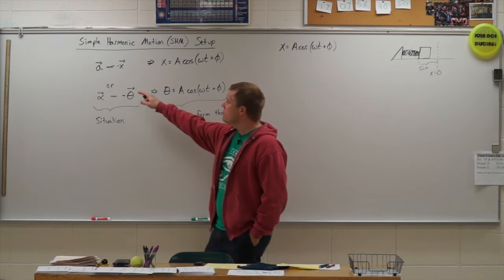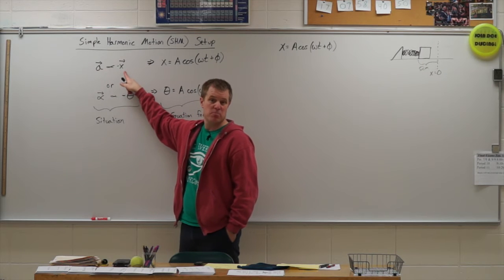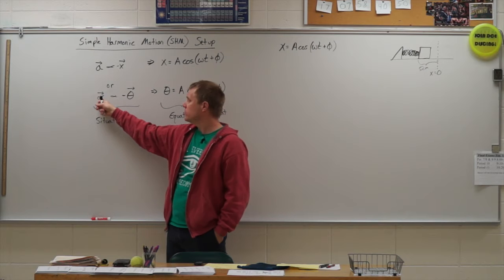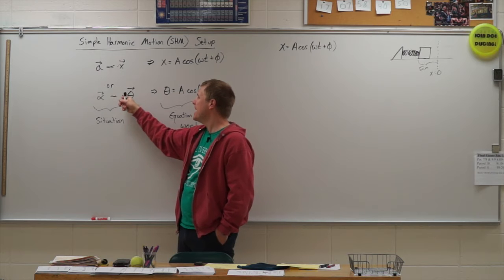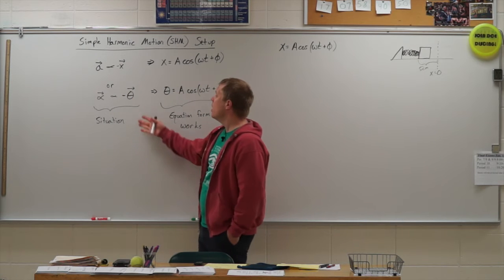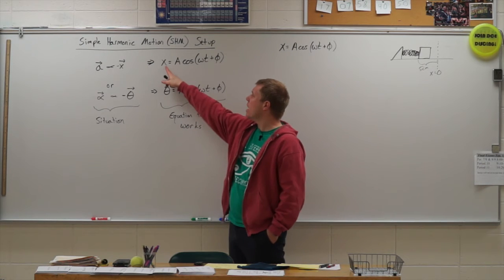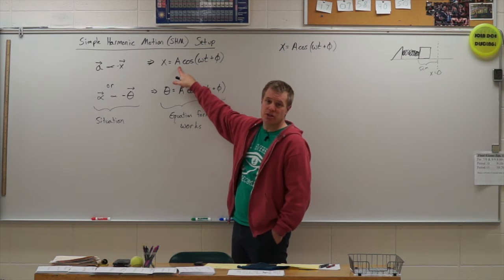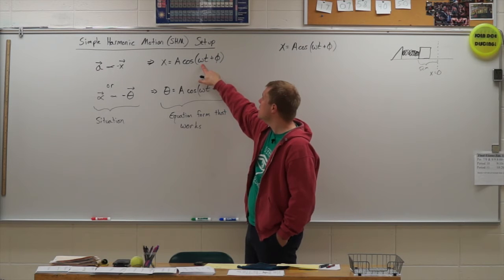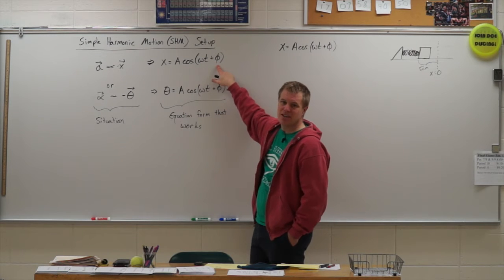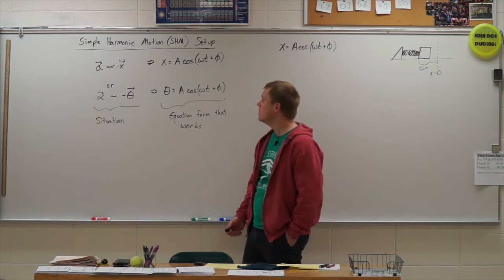It turns out that if you have a situation where your acceleration is proportional to the negative position function, or the same kind of thing in an angular sense, where my angular acceleration is proportional to my negative angular position, this is the form of an equation that works: x is equal to A, which is our amplitude, cosine of omega, which is our angular frequency, times the time plus phi, which is our phase shift.